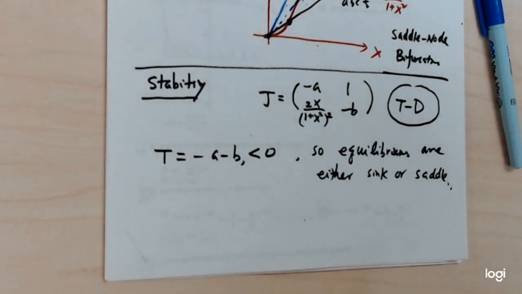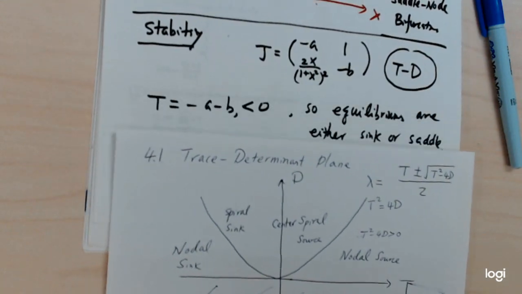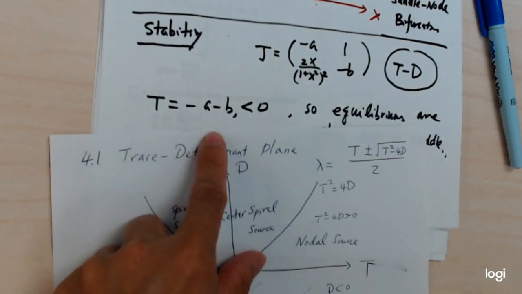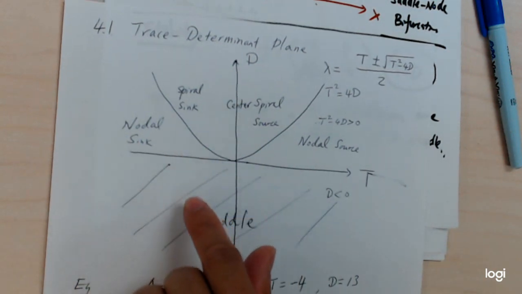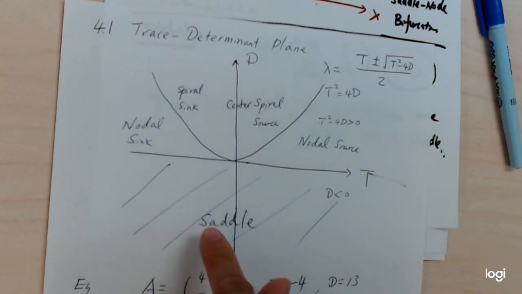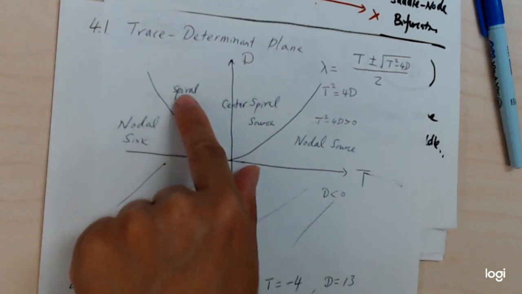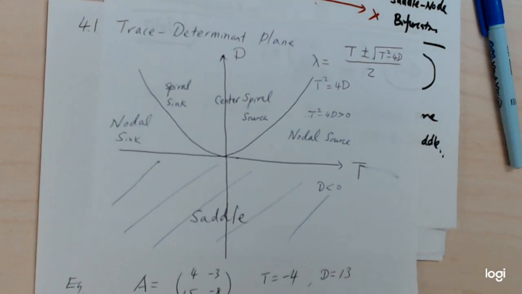Here's that trace determinant plane that we talked about. If you look back to that trace determinant plane, whenever t is negative, in other words, on the left side here, the equilibrium is either a saddle or a sink. It could be a spiral sink, could be a nodal sink, but it'll be a sink. So you can look that up.